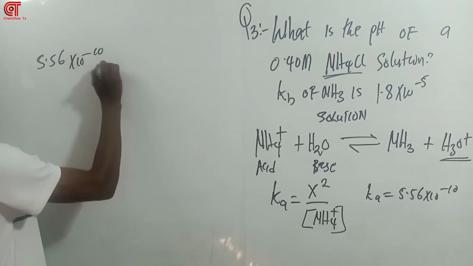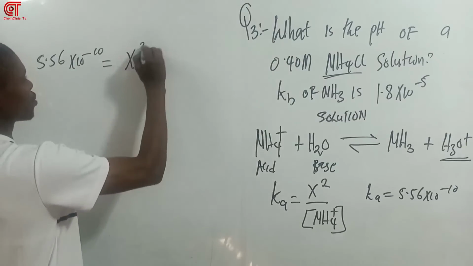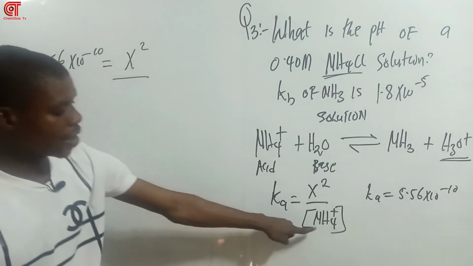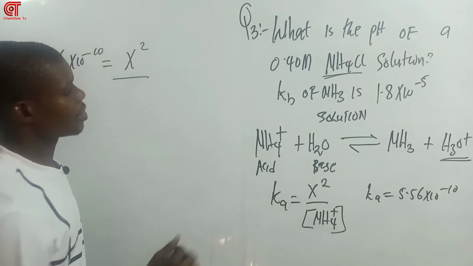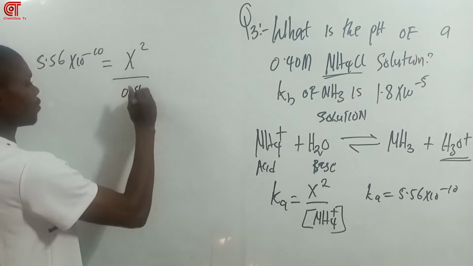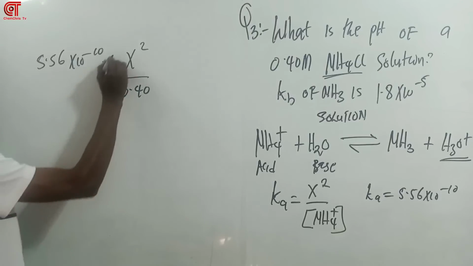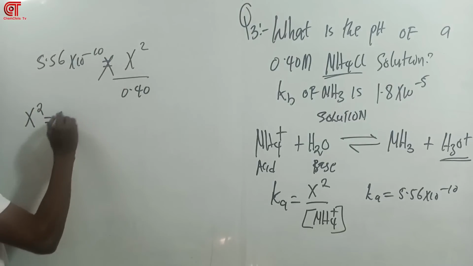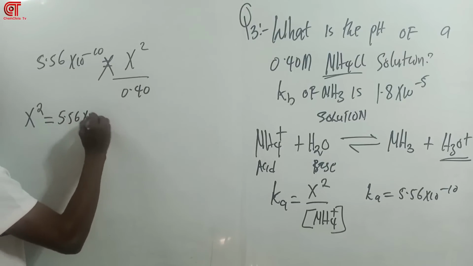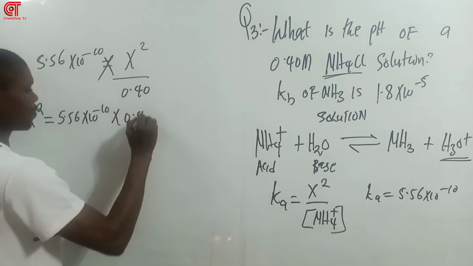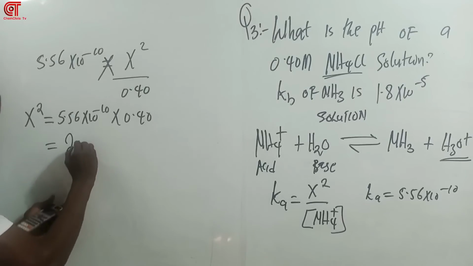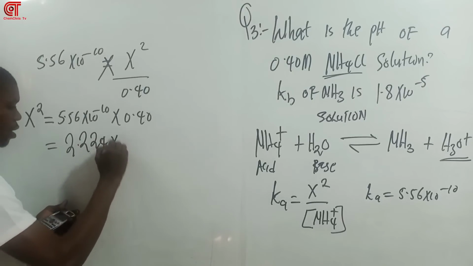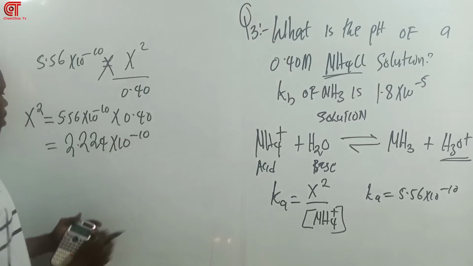Exponential minus 10 equals what I'm looking for, S squared over NH4 plus, given to me as 0.4, right? So you multiply: S squared equals 5.56 exponential minus 10 times 0.40, which is 2.224 exponential minus 10.